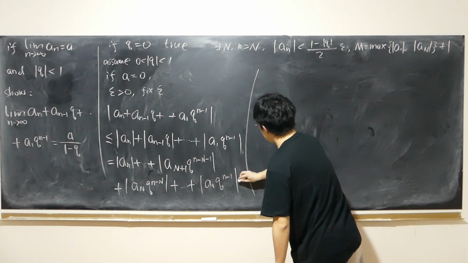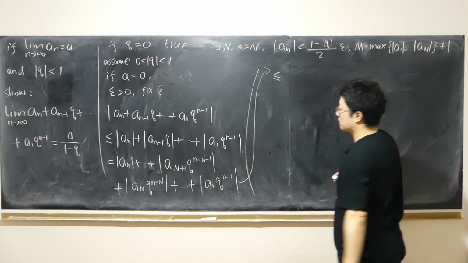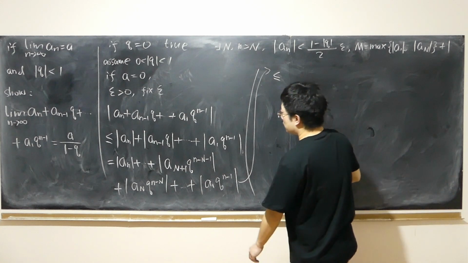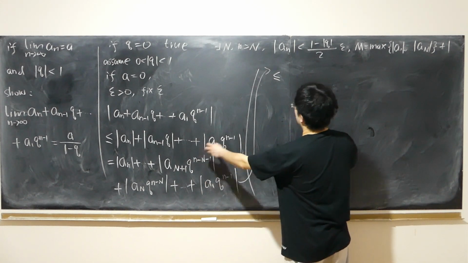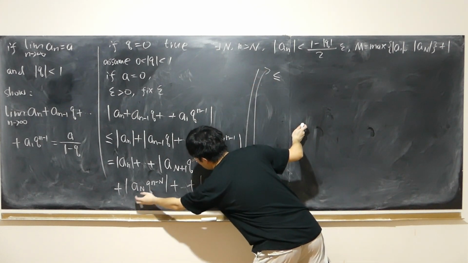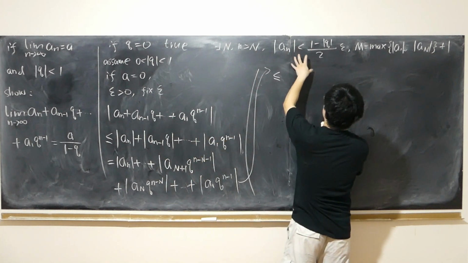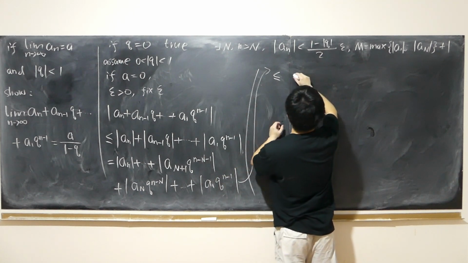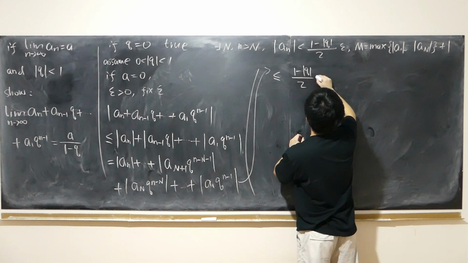Right? So this is less than, like I said, for those little n that's bigger than capital N, these terms can be loosened by this amount, so just subtract it out: half of 1 minus the absolute value of q times epsilon.